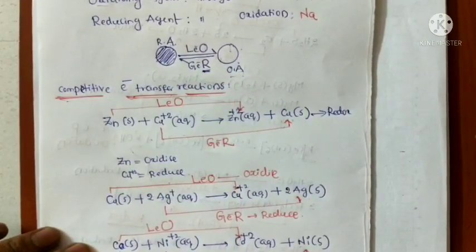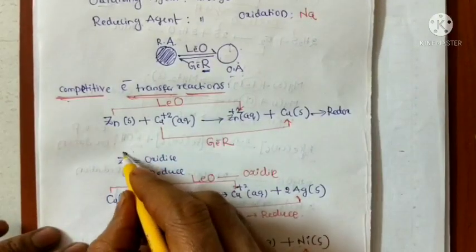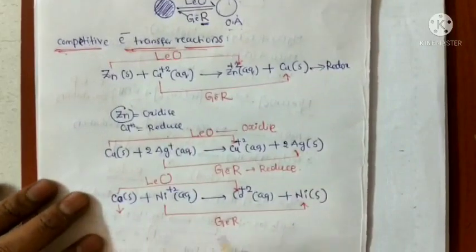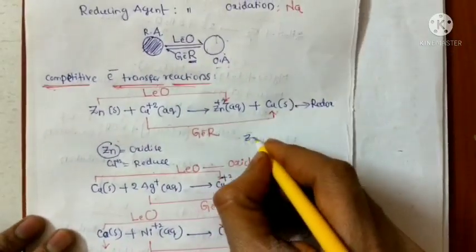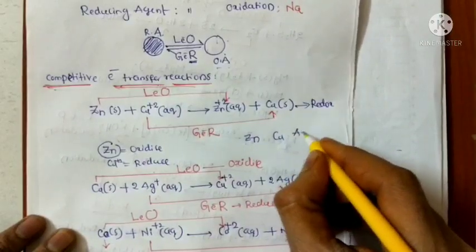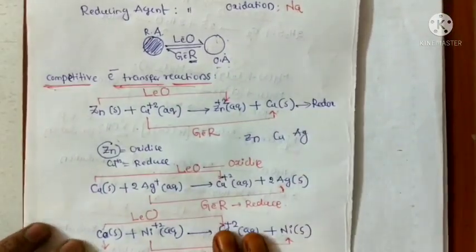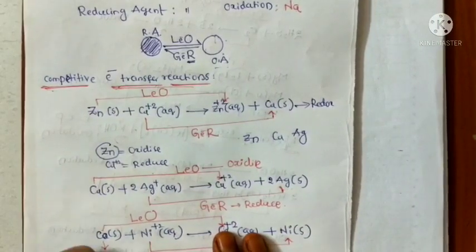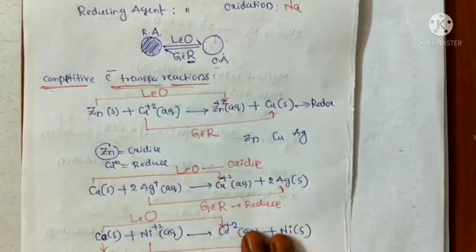Now we can decide which metal, zinc, copper or silver, has the more electron releasing tendency.